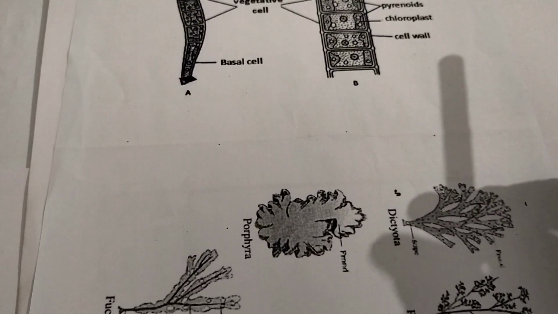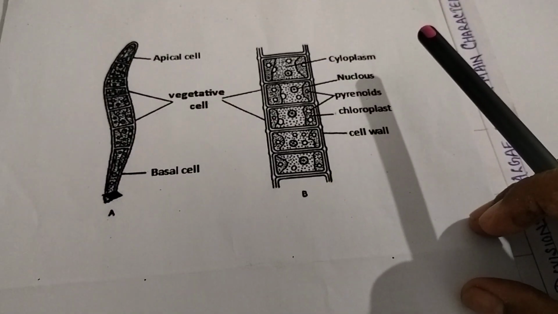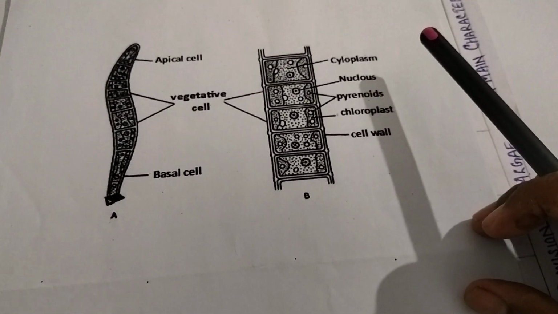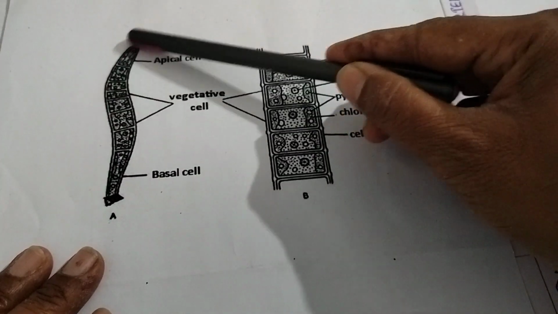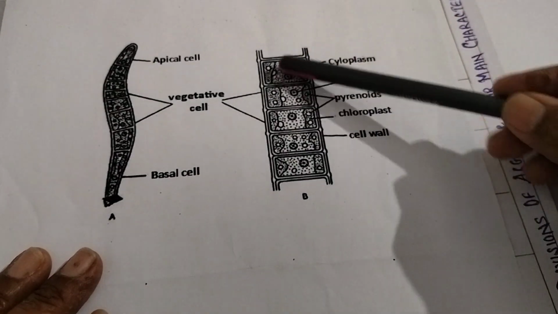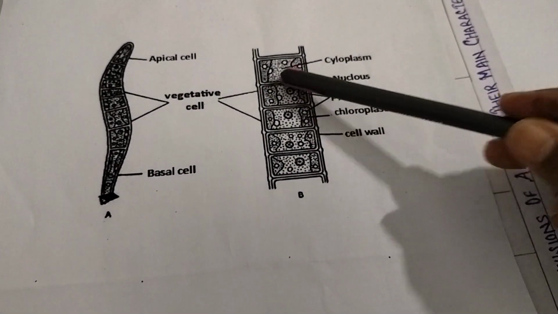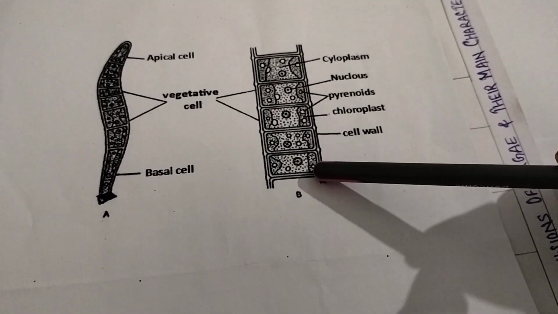One more filamentous algae I will show you is Ulothrix. See the structure of Ulothrix. Here you can see each cell arranged one above the other. These are the vegetative cells.